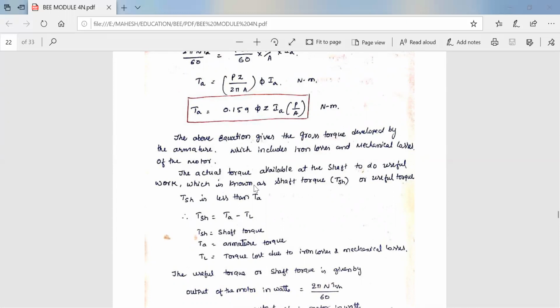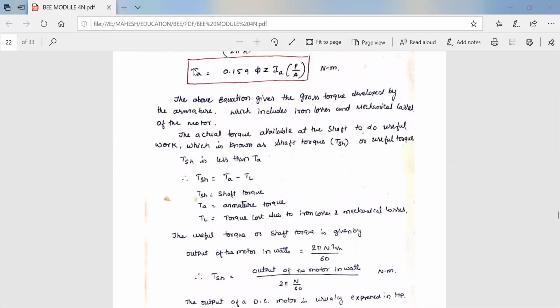The first one, as we have seen, is the gross torque or armature torque. The above equation gives the gross torque developed by the armature, which includes the iron losses and the mechanical losses of the motor. The actual torque available at the shaft to do useful work is known as shaft torque. On removing the losses, we get useful work.